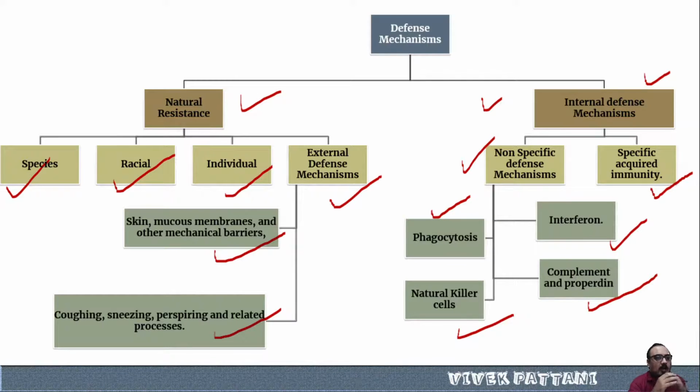A well-known example is Brahman cattle, a type of cattle which are resistant to the protozoan parasite responsible for tick fever in other breeds of cattle. This type of resistance is an inherited racial characteristic, indicated by the fact that crossbreeding highly susceptible Texas longhorn with Brahman cattle produces a resistant variety.